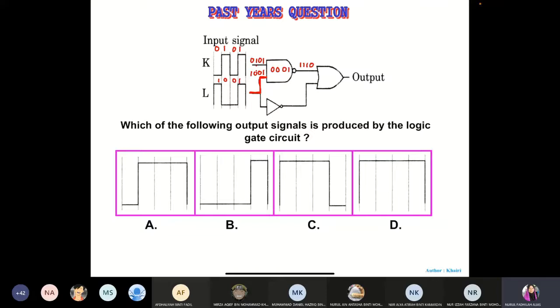So here it's the same, no need to find again. So it's 1001, NOT it, 0110. So we get the same. This is OR 101, 111, 11, 1000. So what's the answer?